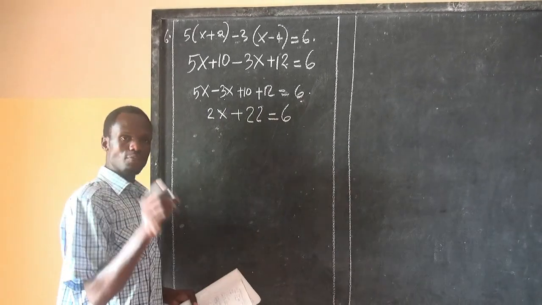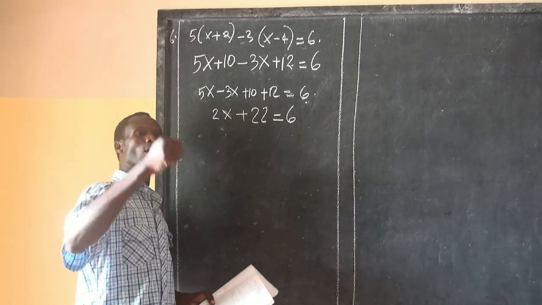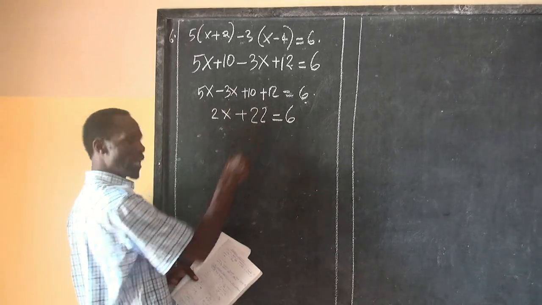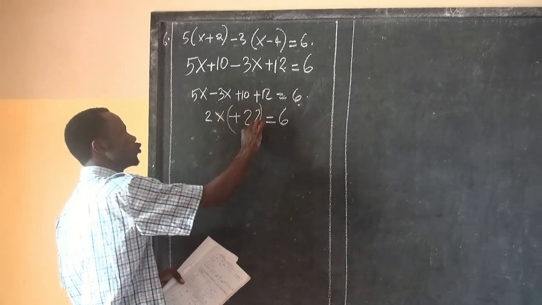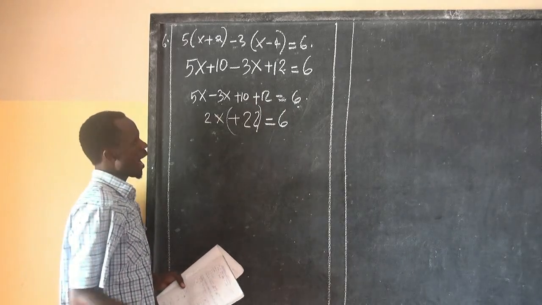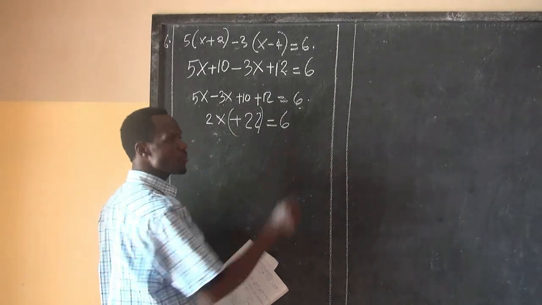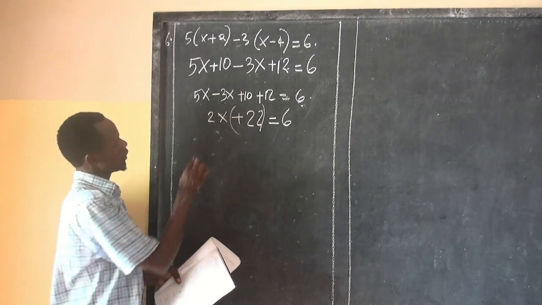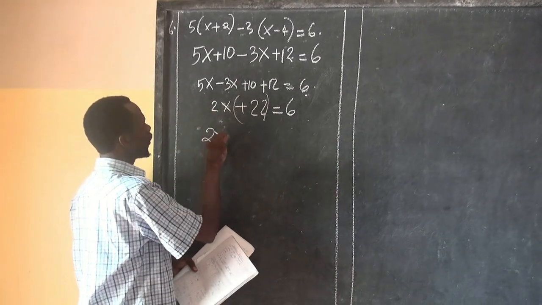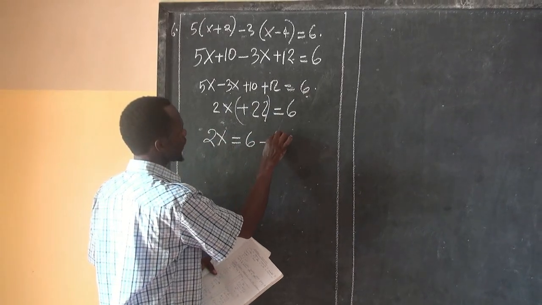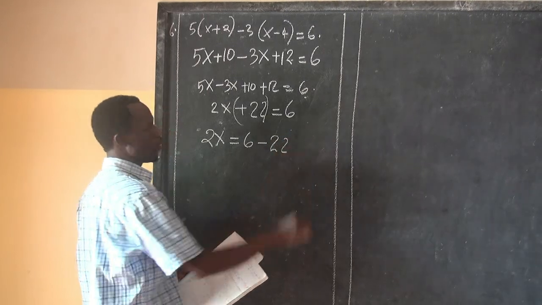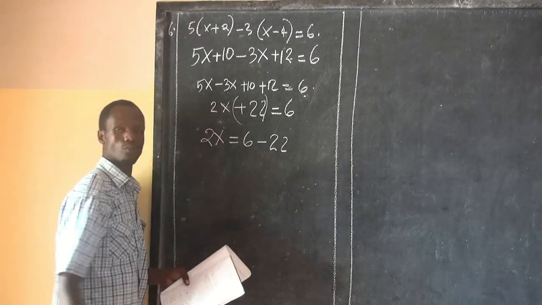And therefore, we still have work to do by collecting the like terms. This is positive 22. I have to take it to the other side and it becomes negative 22. Now it is 2x is equal to 6 minus 22. Why have I written negative 22?